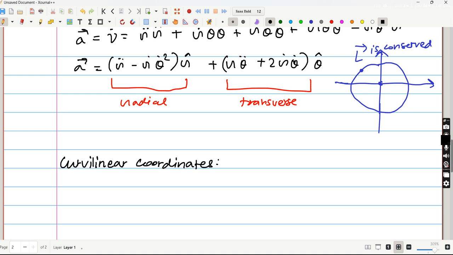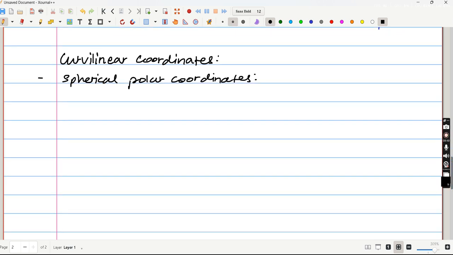So, the first thing is your spherical polar system. As the name suggests, this is also a special case of orthogonal coordinate systems.